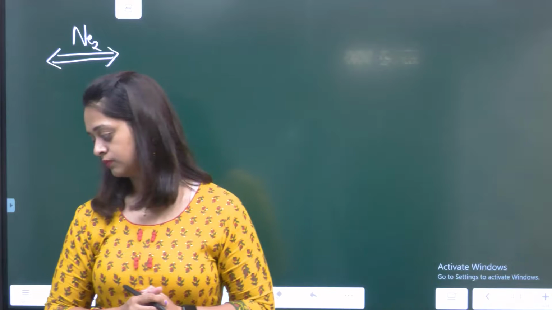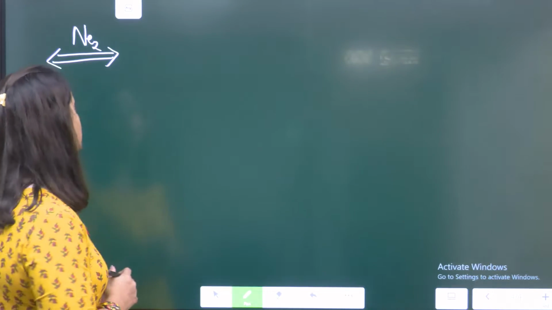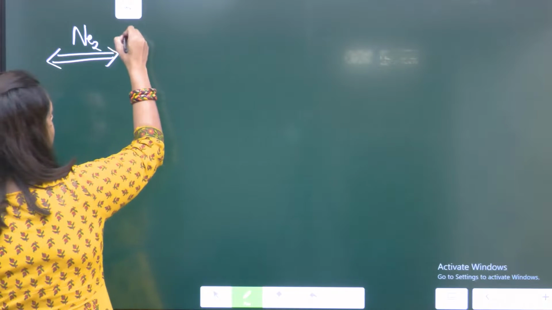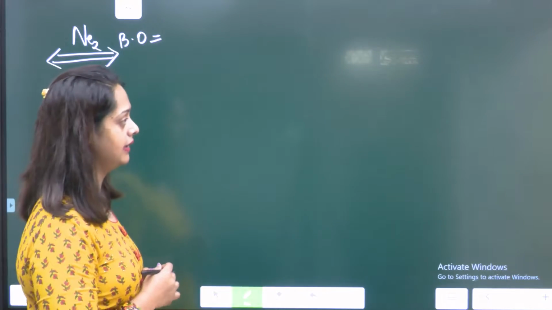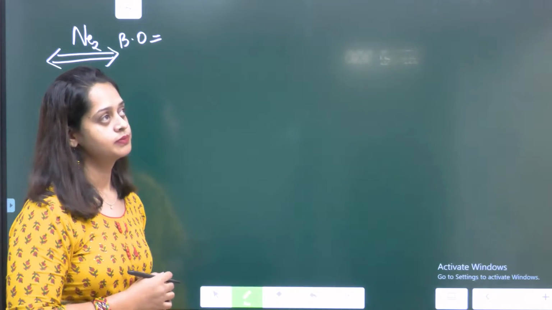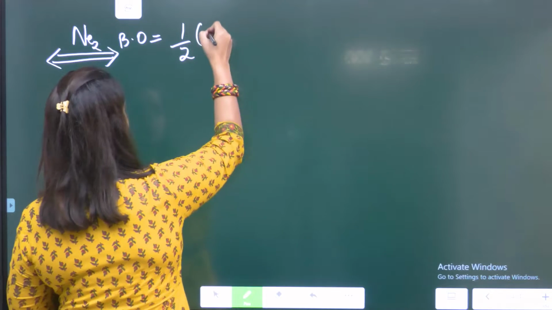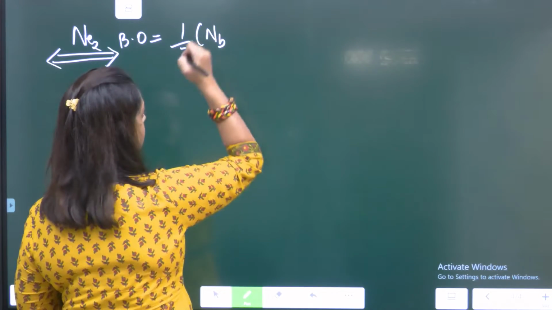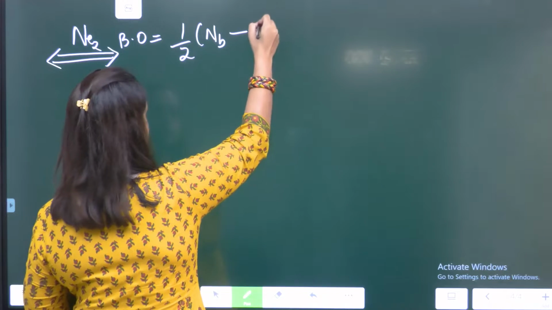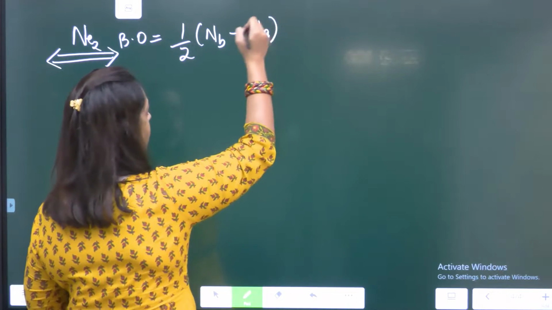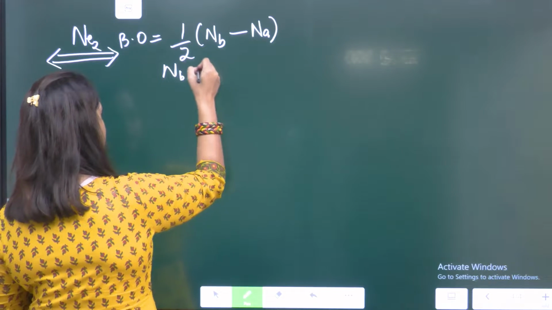Ma'am, bond order is 0. Bond order is 0. So how do you calculate bond order for any molecule? Half into Nb minus Na.